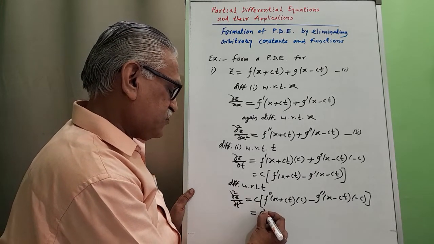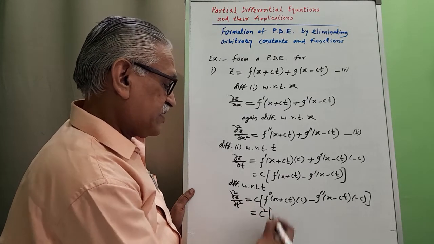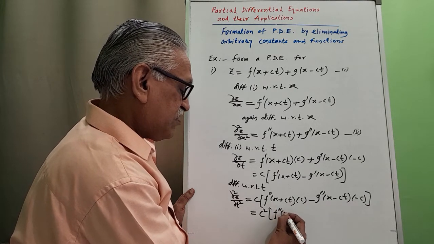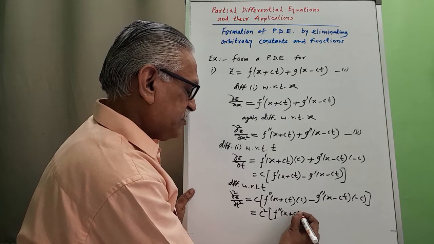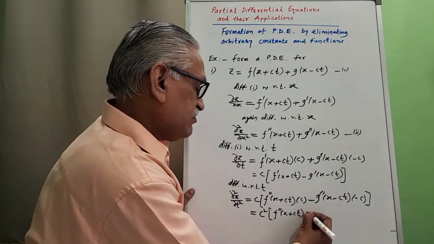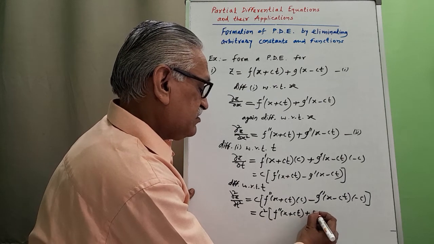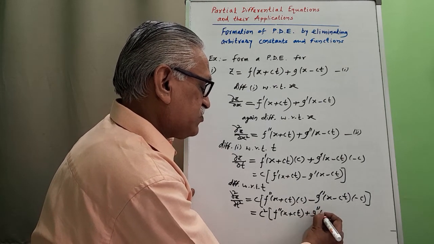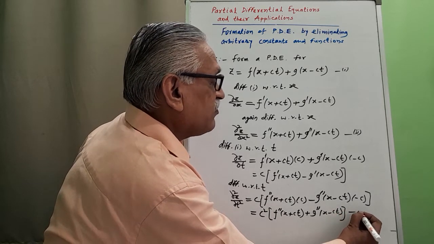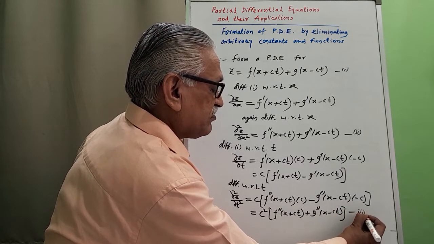Therefore it becomes c square times f double dash of (x plus ct) plus g double dash of (x minus ct), which we call equation 3.